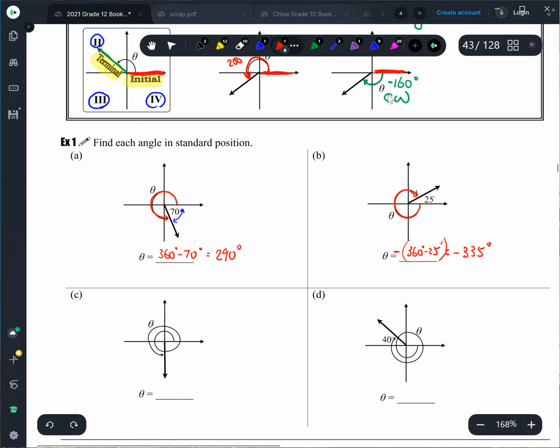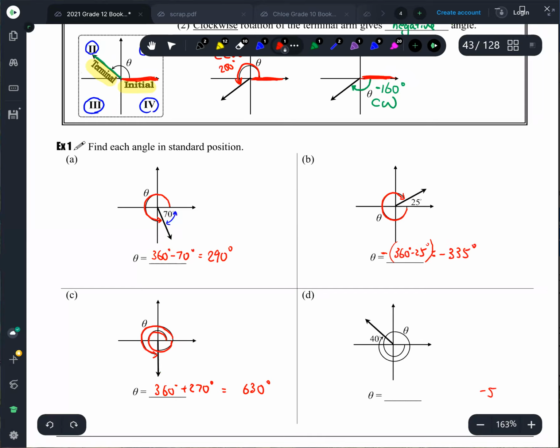Okay, question D. Marcus, I got negative 580. Okay, how did you find that? Negative 360 minus negative 220. Okay, so keep on going for 220, right? Yeah. Okay, so there are two ways to think about it.